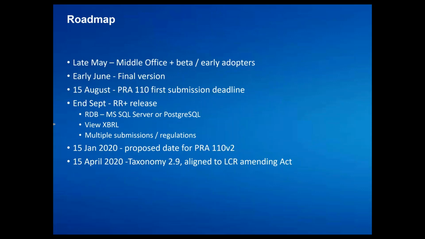It'll make it quicker. It will have some added features, like you can view the XBRL, and it supports multiple submissions and regulations. It's extremely good design and technology for coping with changing regulations and large XBRL files.